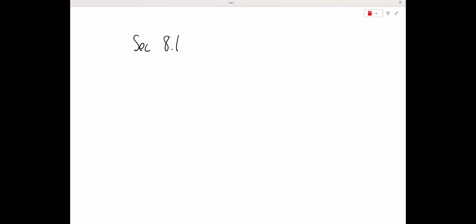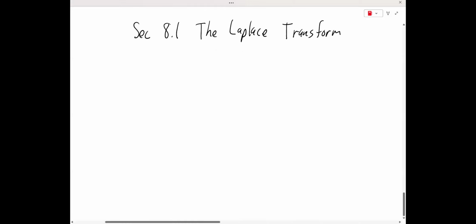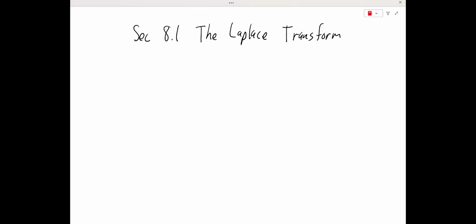So, the Laplace transform. Definition of it first of all. There's a lot of notations and things. It's kind of hard to explain unless you go through some examples, I think.